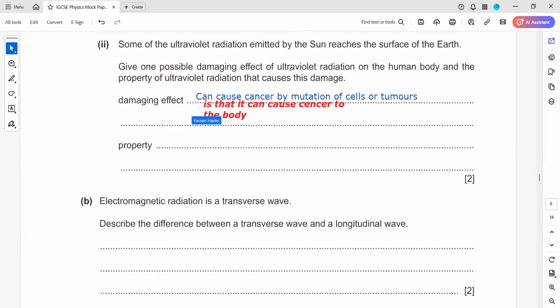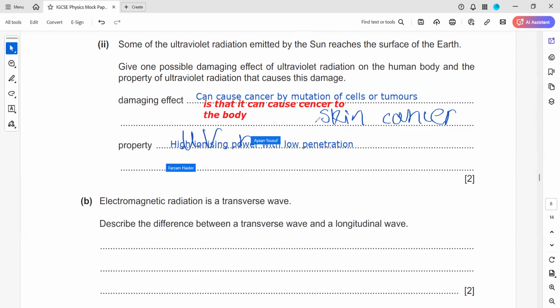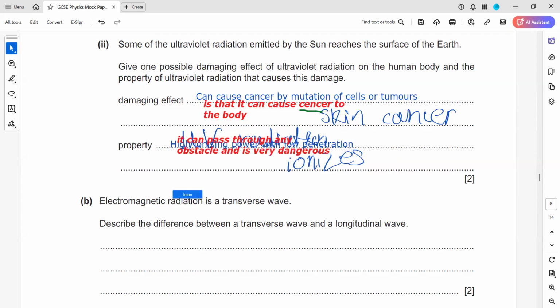So give one possible damaging effect of UV radiation on the human body and the property of UV radiation that causes this. So it can cause skin cancer, can cause cancer by mutation of the cell, and then what property is there? The properties of this radiation, it can pass through any obstacle, and it's very dangerous. But the main thing is, the radiation can cause ionization.